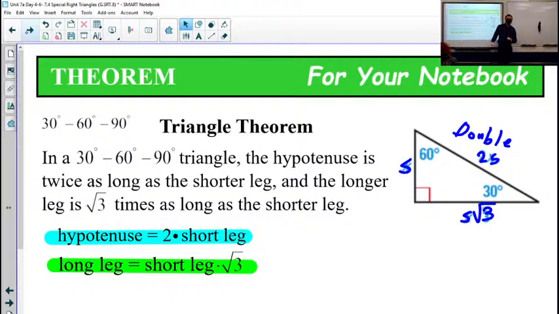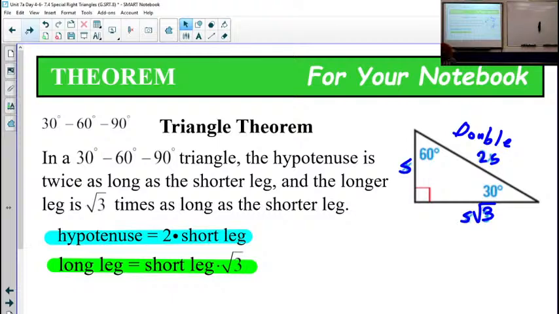And the pattern this time is that if my short leg is S, then my hypotenuse is going to be double it. So sometimes you'll hear me call the hypotenuse the one that you double, or you'll hear me call it 2S, 2 times the short leg.